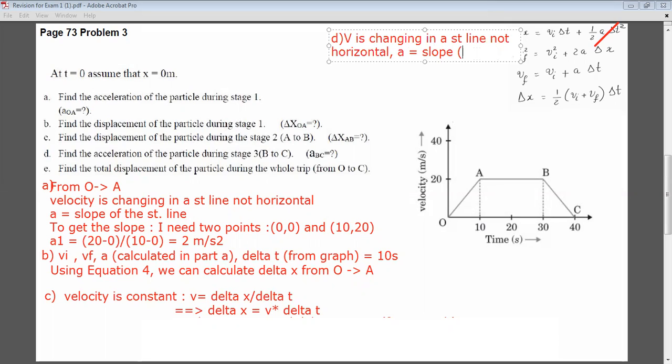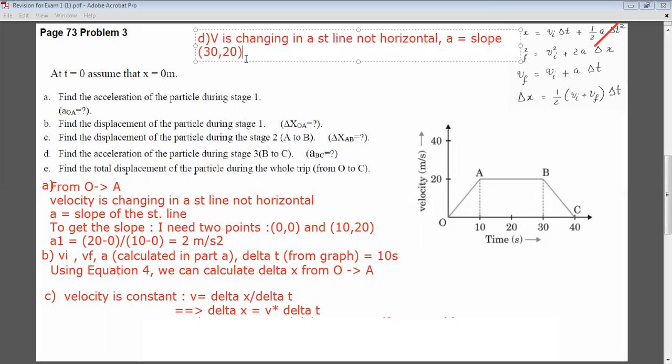So let's choose 30, 20, and 40, 0. So it is this point. I took this point and this point.